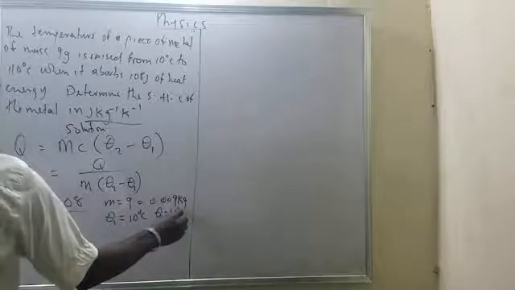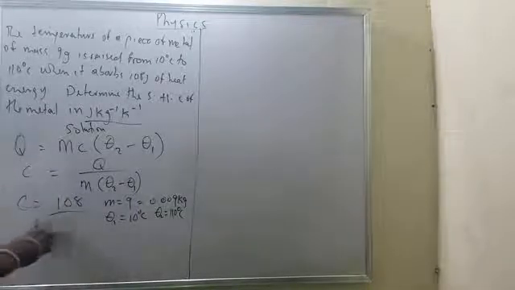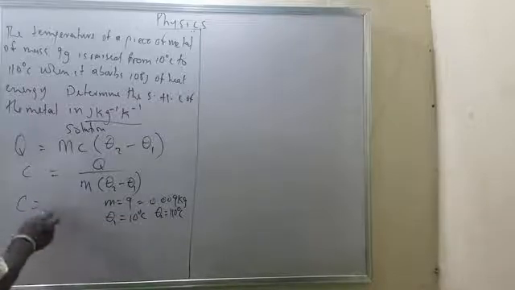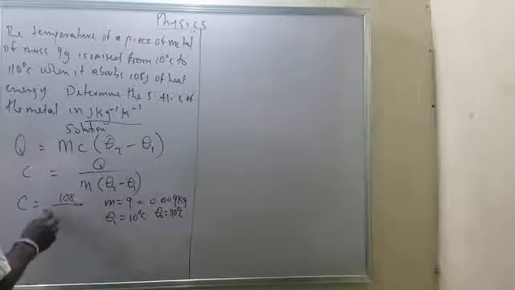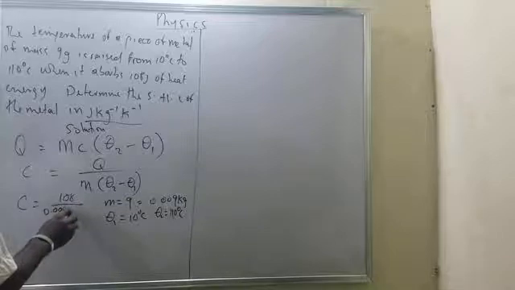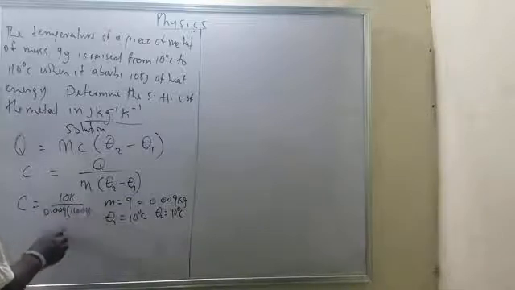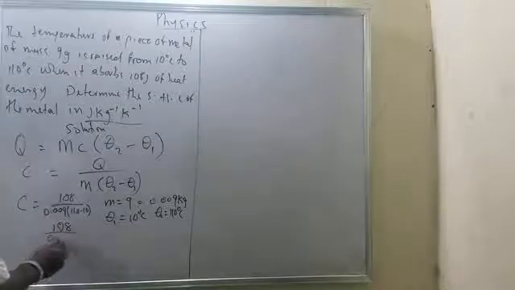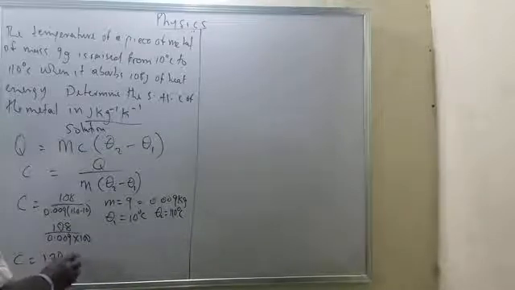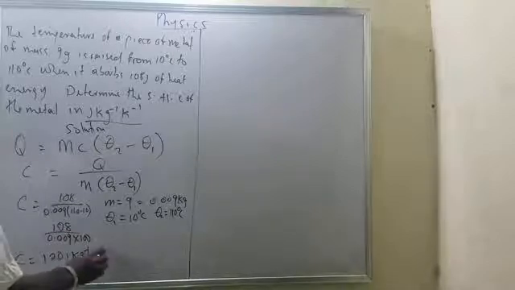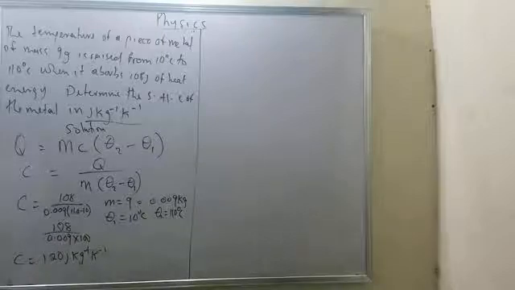I will put them in order like that, which I'll have 108 divided by 0.009 bracket of 110 minus 10. That gives 108 divided by 0.009 multiplied by 100, which I'll have 120 joule per kilogram per Kelvin. That's all. That is what I'm working on.